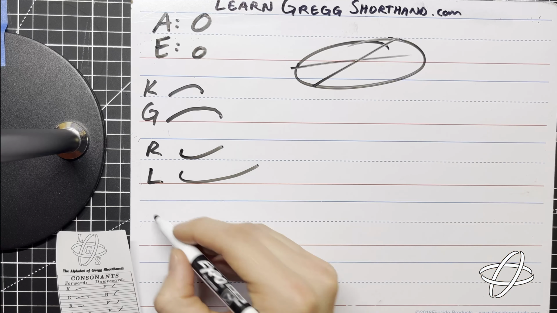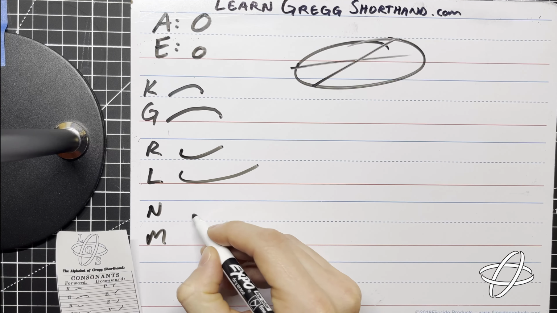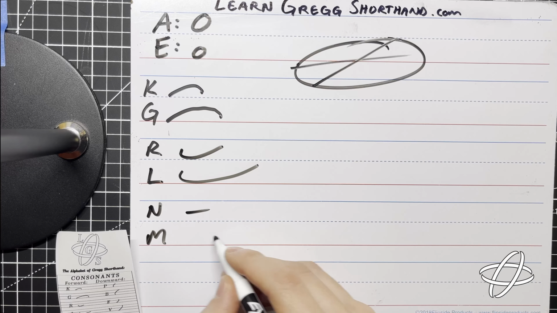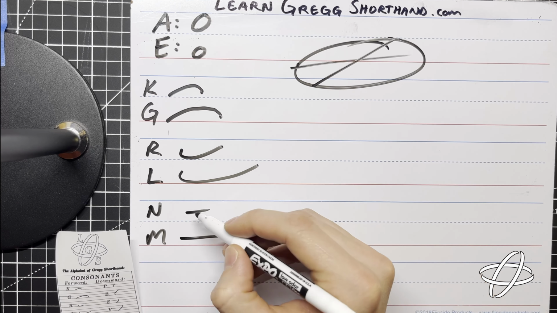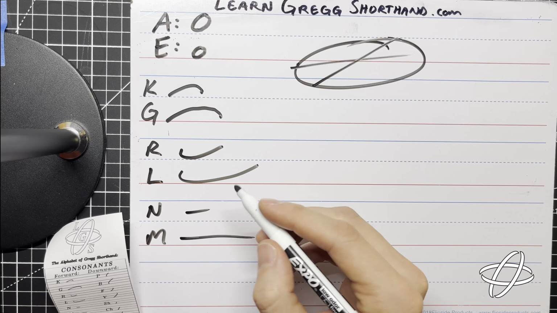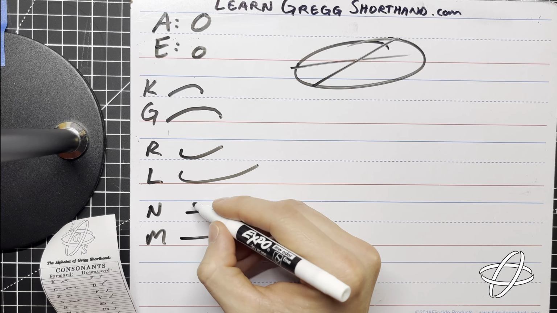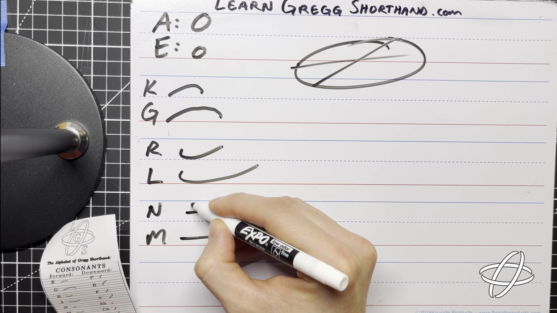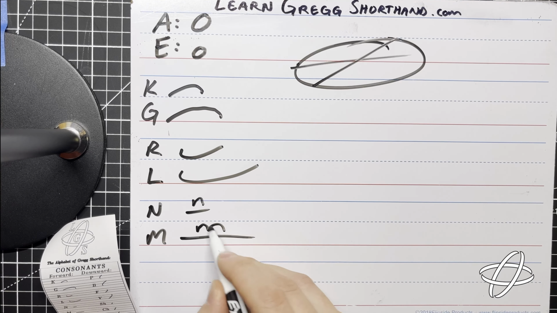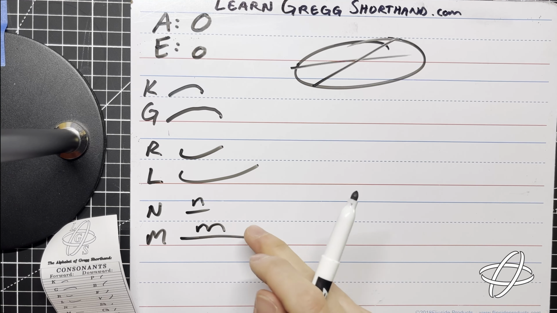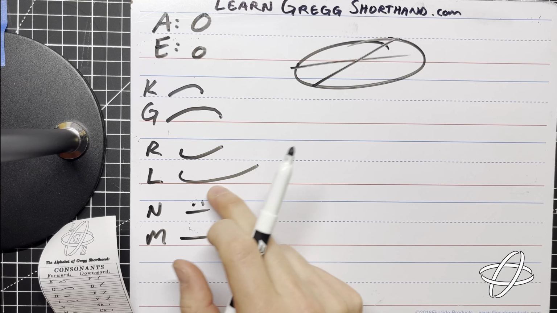Okay, the N and the M, N written forward and about half the length of the M. If you have a hard time remembering this and the short versus long sounds doesn't make sense to you, just think of putting an N versus an M. M has two N's, and therefore the M is twice the length of the N. Or just memorize it.